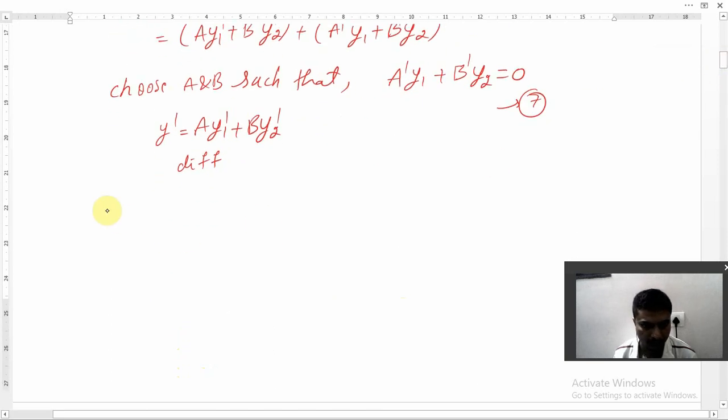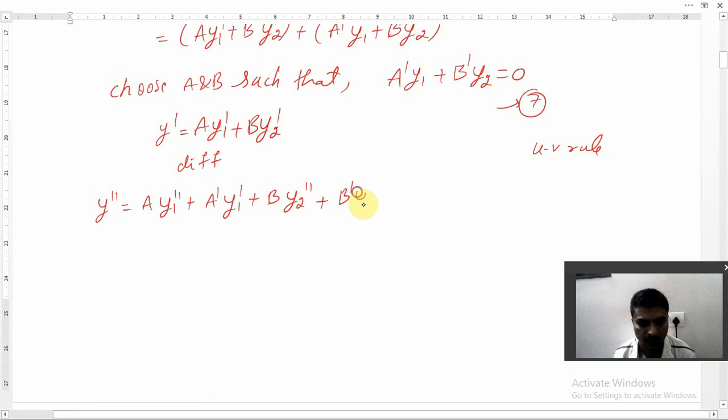Just differentiate this and take again y double dash is equal to a, I will keep it as it is, y1 double dash, plus I will differentiate this y dash, y1 dash will remain as it is. Again I am going to use the u into v differentiation rule. So b y2 double dash plus b dash, I will differentiate b and keep y2 as it is.